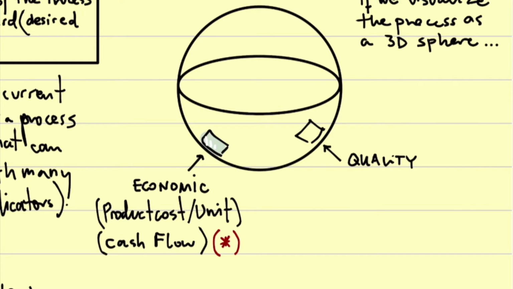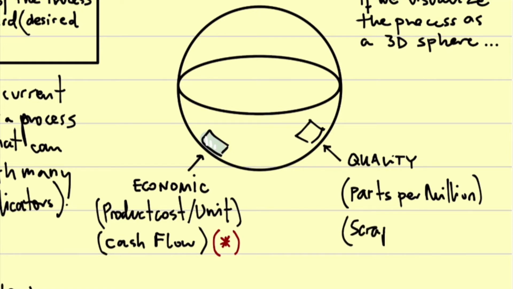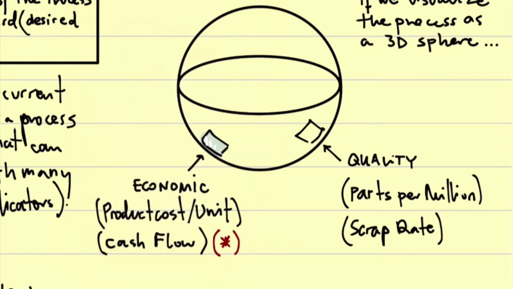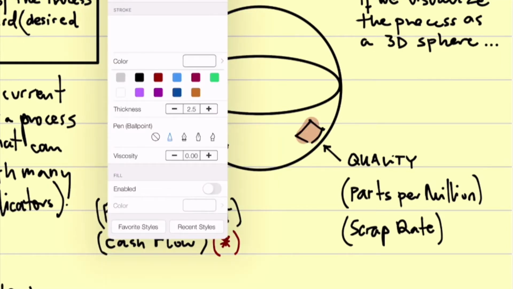Then our KPI is the parts per million, so how many defects do we have? Or we have the scrap rate. All these KPIs we have seen in the past, so I assume you know them.